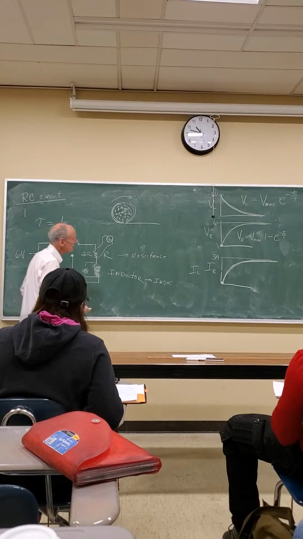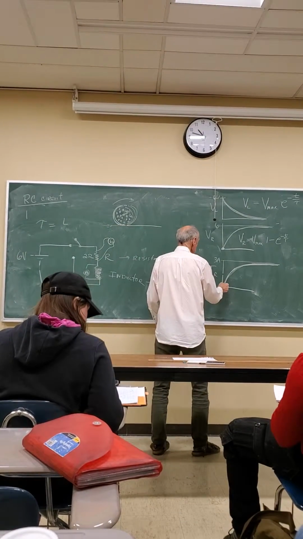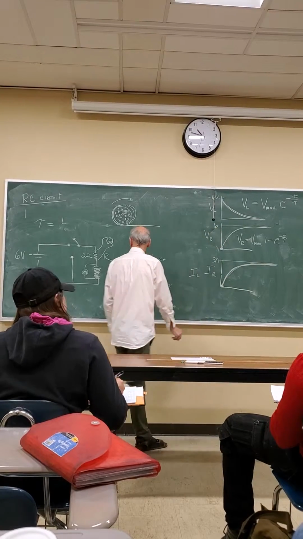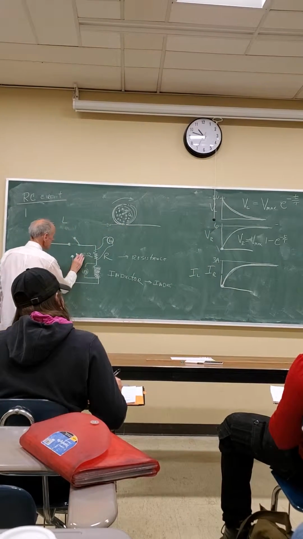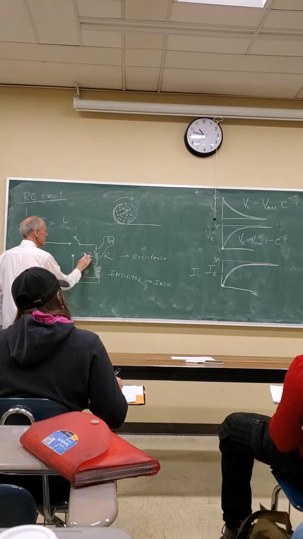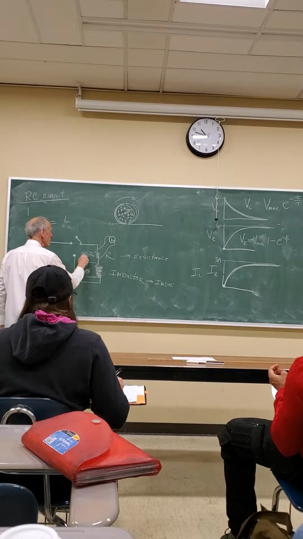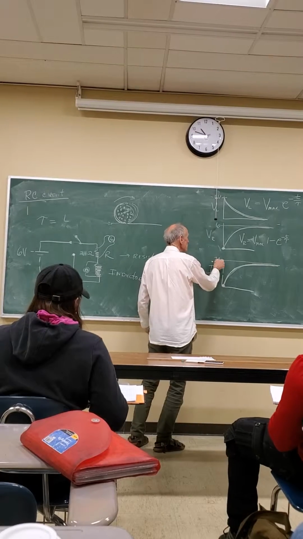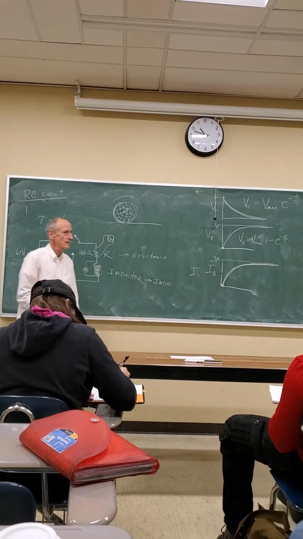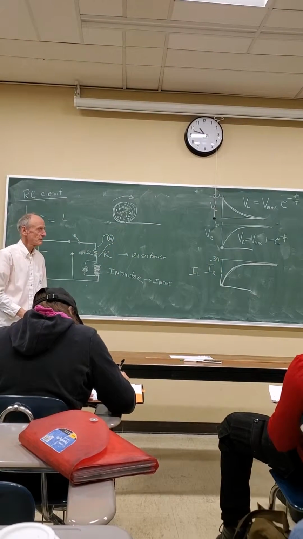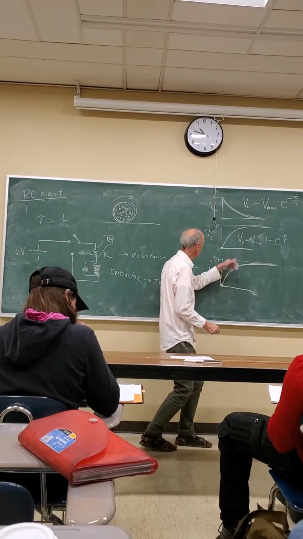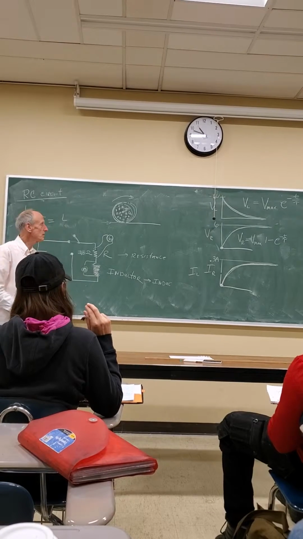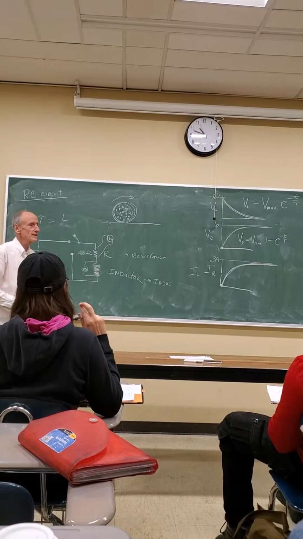Well, we're trying to change the current from 0 to some value. So if I increase the resistance from 2 ohms to 20 ohms, then the maximum current reduces from 3 amps to 0.3 amps. Because we're getting to a current which is smaller, it will actually shorten the time constant.